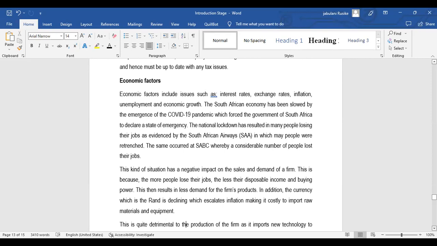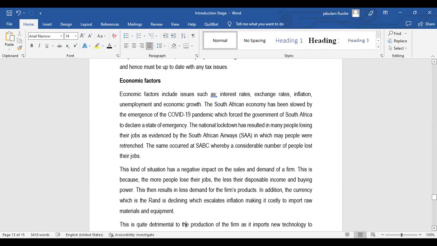And then the economic growth, mostly here in South Africa, the president has been trying to attract a lot of investors in the country, so that at least there is economic growth. When the economic growth is shrinking, it means that even the unemployment rate will be rising, because the total goods and services produced in the country is low.